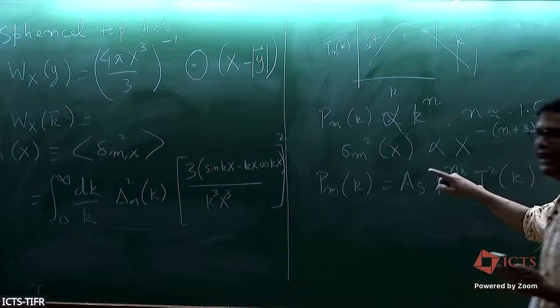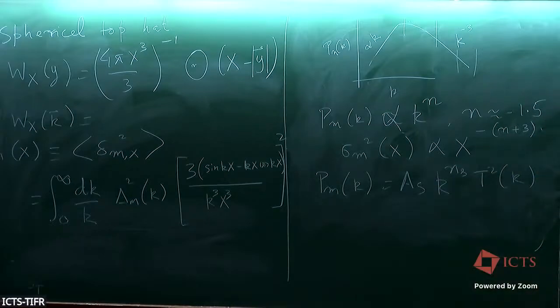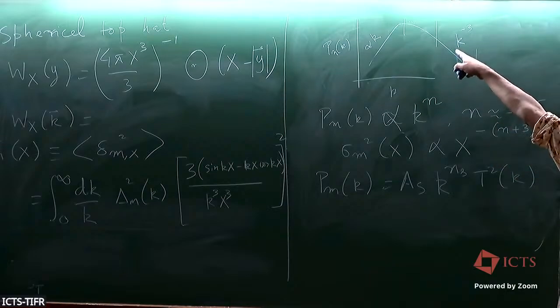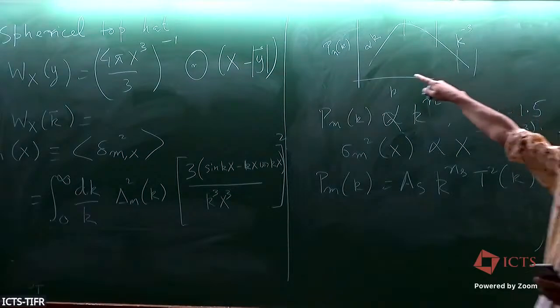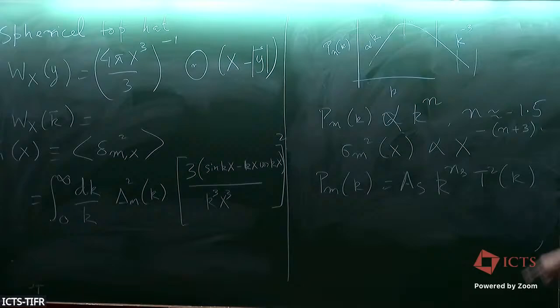Remember, this n_s is the primordial power law, which is coming from whatever produced it. This n is the effective power law. So these two are different. This is the true form of the power spectrum because this feature is captured within the transfer function.